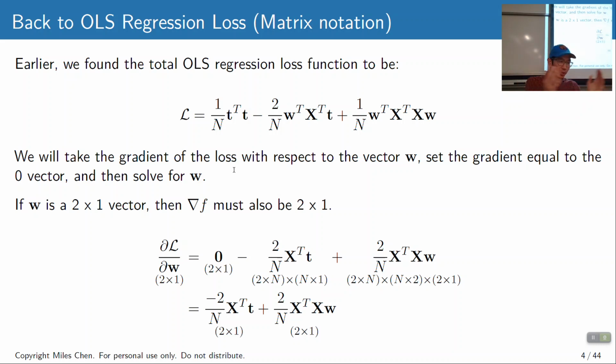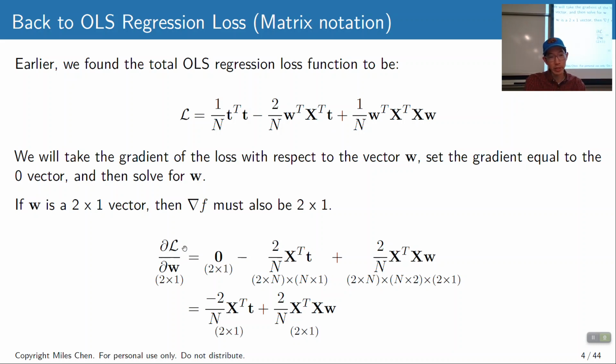Then we said, okay, let's take the gradient, basically the derivative of this thing. We'll set it equal to 0 and solve for W, where the gradient equals 0, and that's going to correspond to our local minimum. We did this on Wednesday. So this is our loss function after we expanded it out.